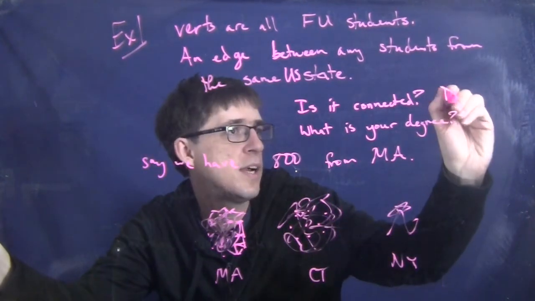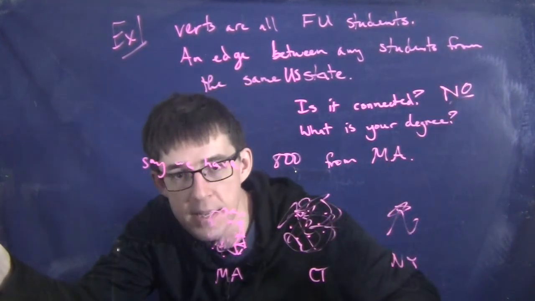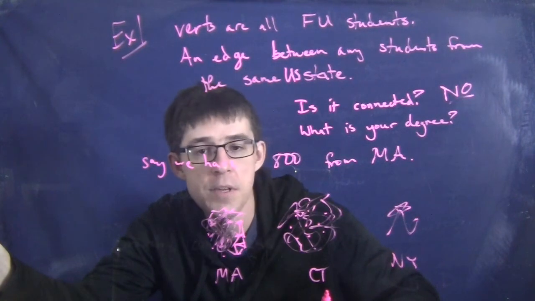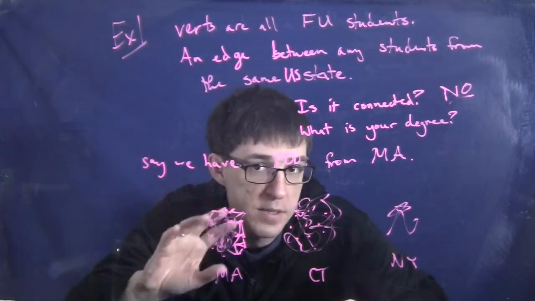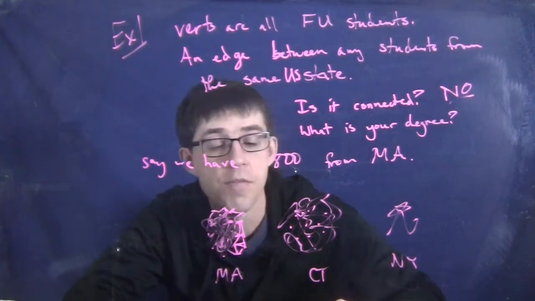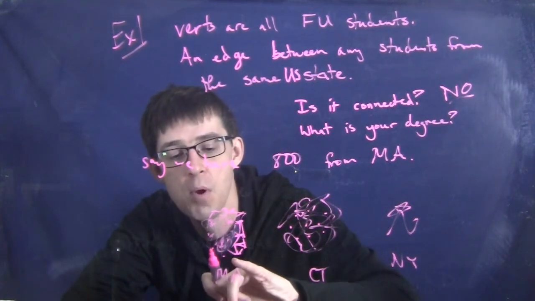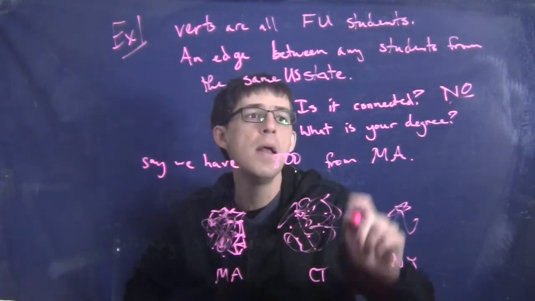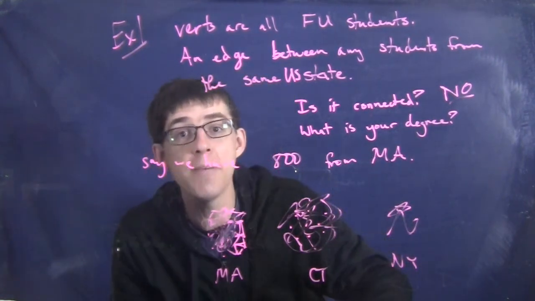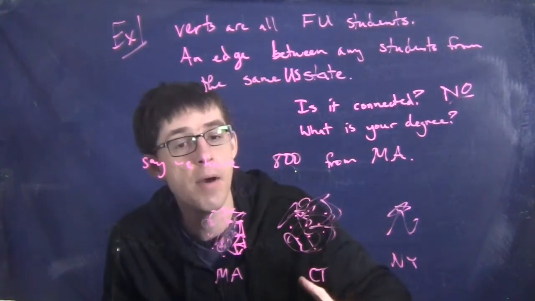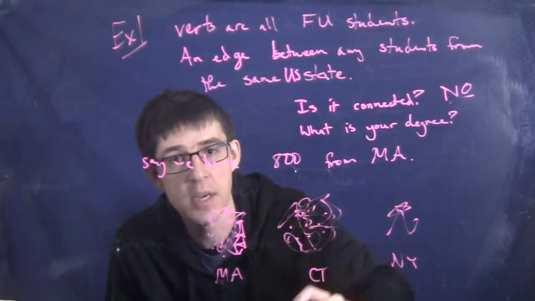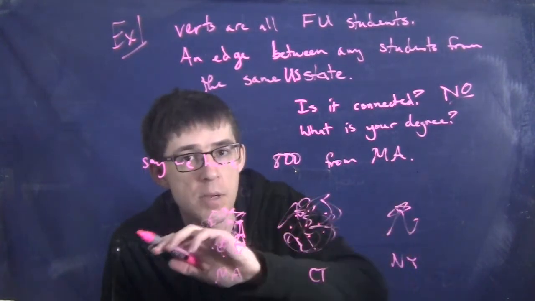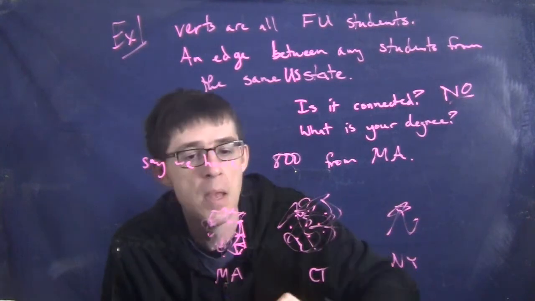So the answer to is it connected: no, it is not connected, because whoever you're connected to is based entirely on what state you're from. And there is no way to get from one of these people to one of these people by following edges. All right, what is your degree in the graph? What you should be thinking about is how many edges are connecting to your dot, and your dot is somewhere in this graph, depending on what state you're from.